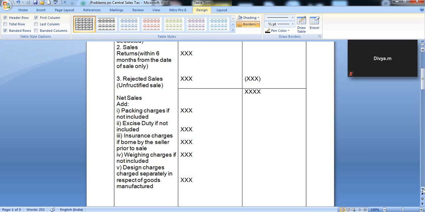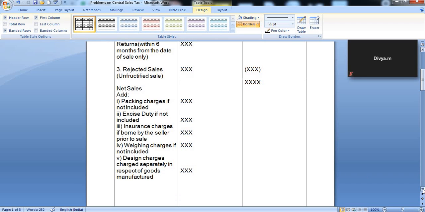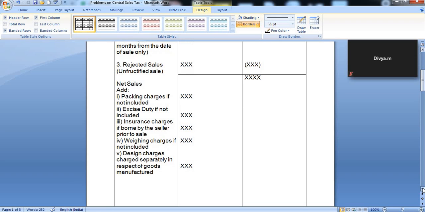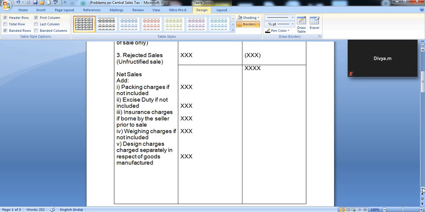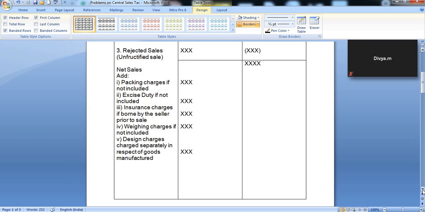Okay, then design charges charged separately in respect of goods manufactured. If you have spent some amount for designing, for beautifying the goods manufactured, then if it is shown separately in the invoice, you have to add it to the net sales figure.